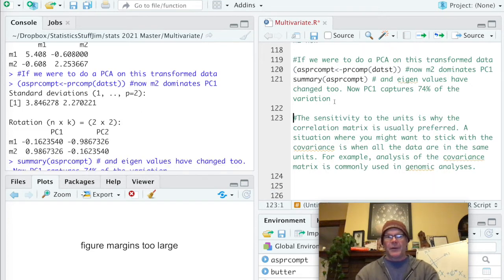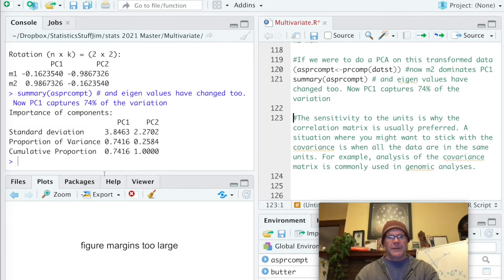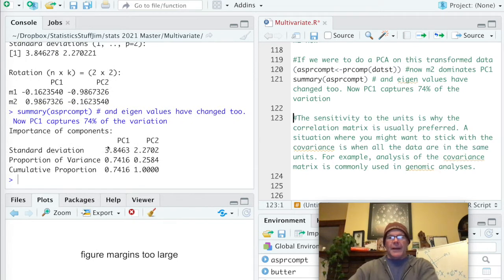And if we look at the summary here, even the amount of variation that's explained has slightly changed, right? Before it was like 72%, now it's 74%. And now PC1 is dominated by the second measurement, and PC2 is dominated by the first measurement. So everything has gotten upside down and backwards, right?